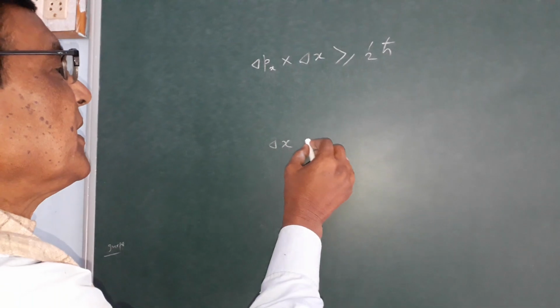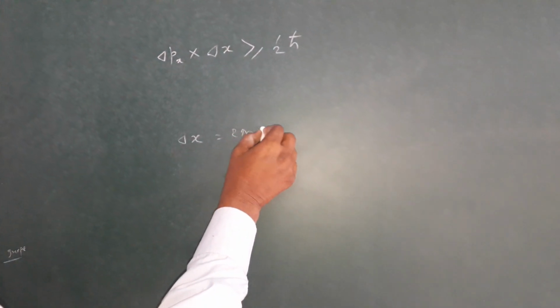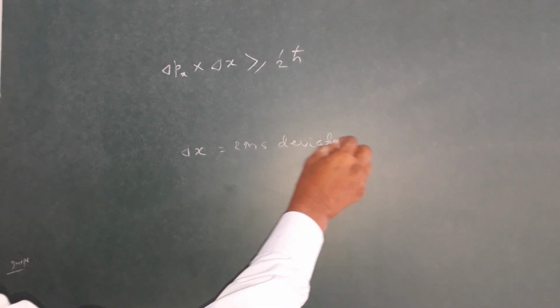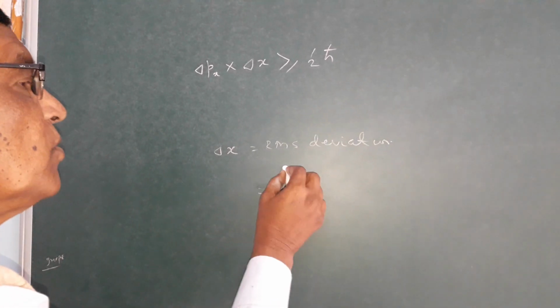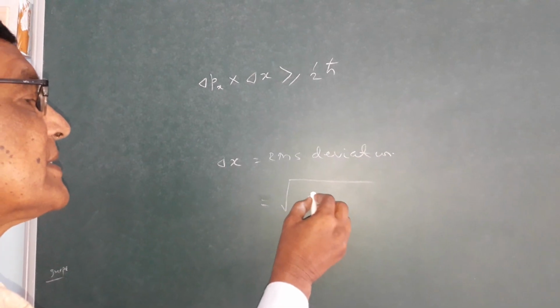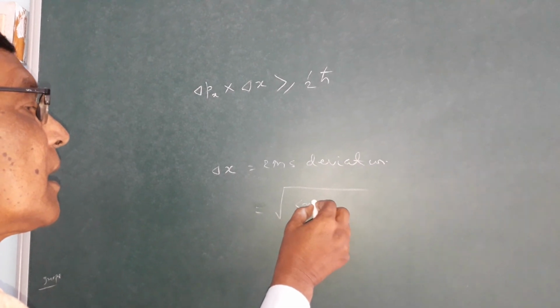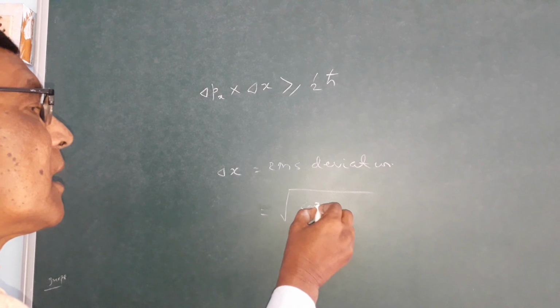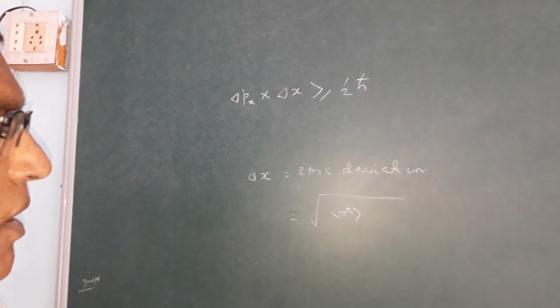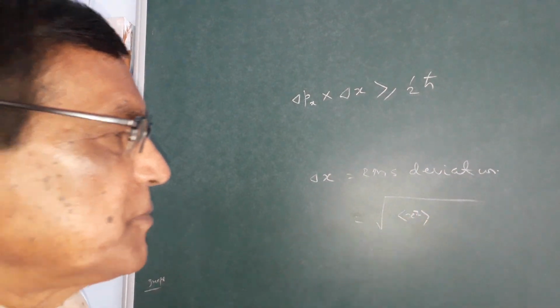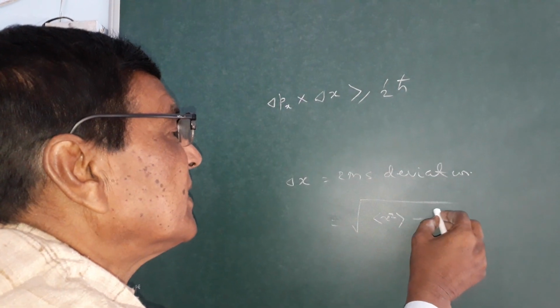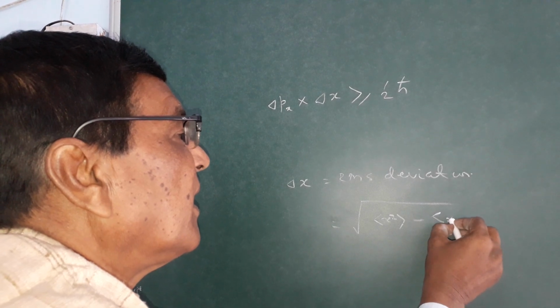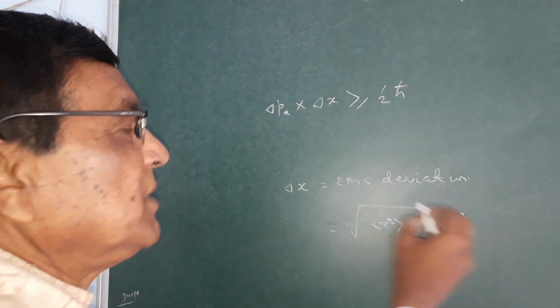This uncertainty is delta x. Delta x uncertainty is measured as the standard deviation or RMS, root mean square deviation. And delta x equals the square root of the mean of the square of position minus the square of the mean position.